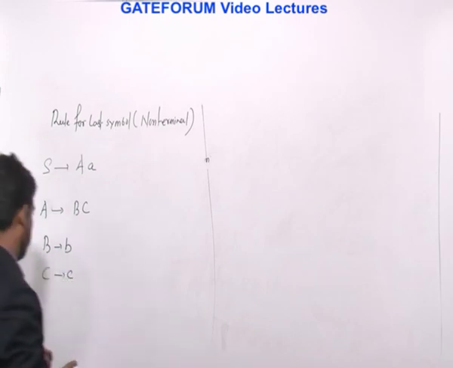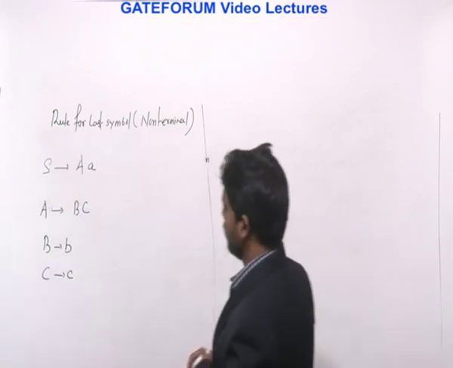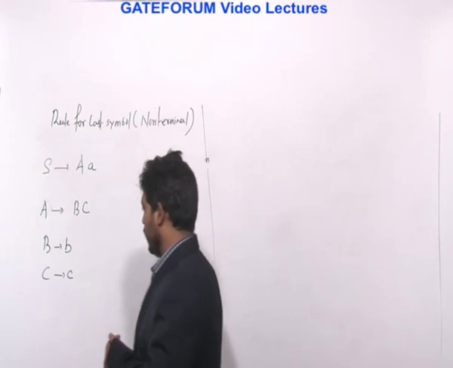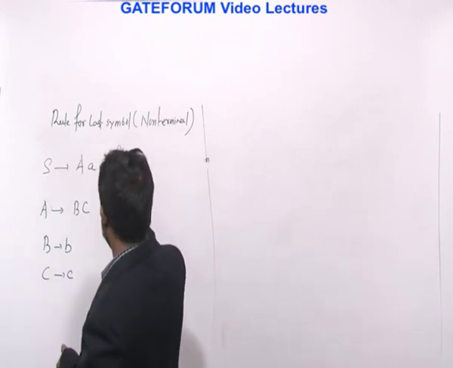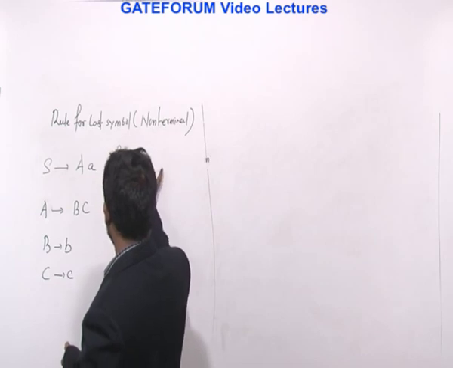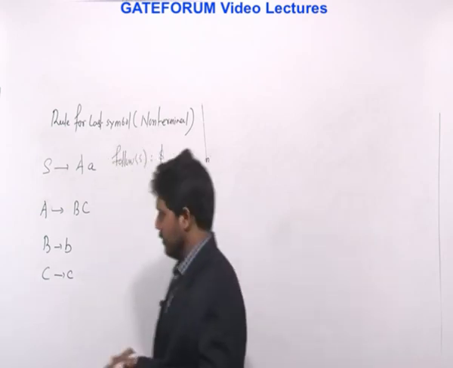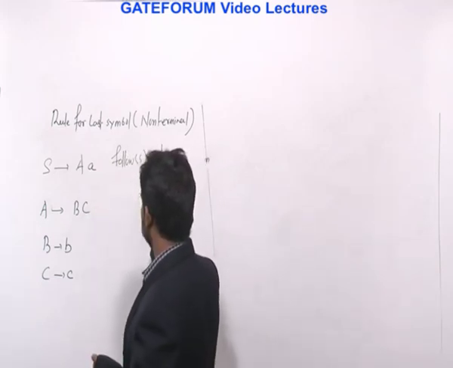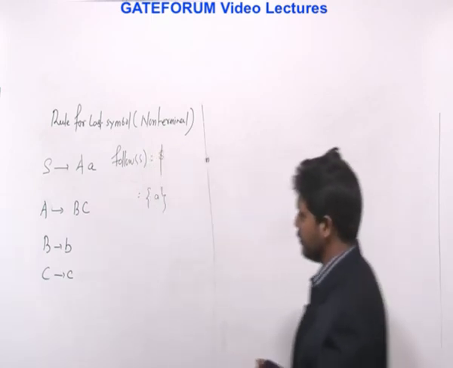Some cases are perfectly okay, that we have already done. So what is follow of C, follow of B, follow of A, follow of S? In this case, follow of S is equal to $. Trivial rule. What is follow of A? The follow of A in this case is the symbol small a.